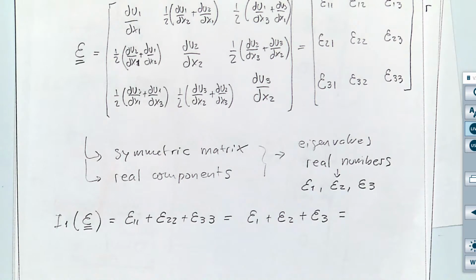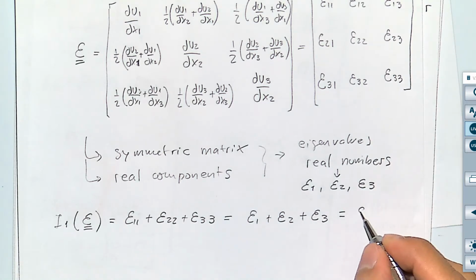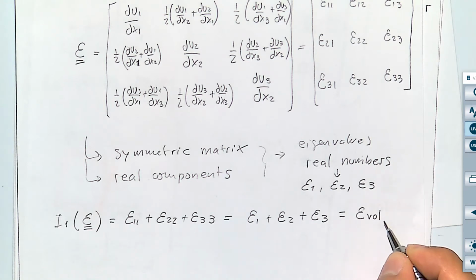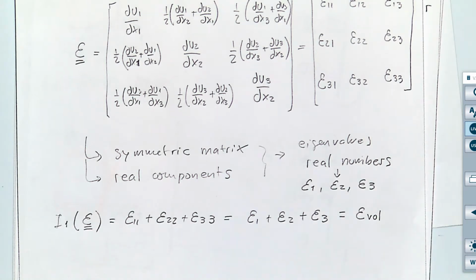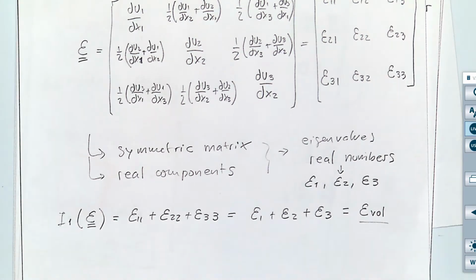And one more thing, adding all those strains is going to give me what we call the volumetric strain. Notice that this is not divided by 3. It's not like the mean stress, where we had to divide the first invariant by 3. In this case, you just add up all of those strains and you get the volumetric strain.